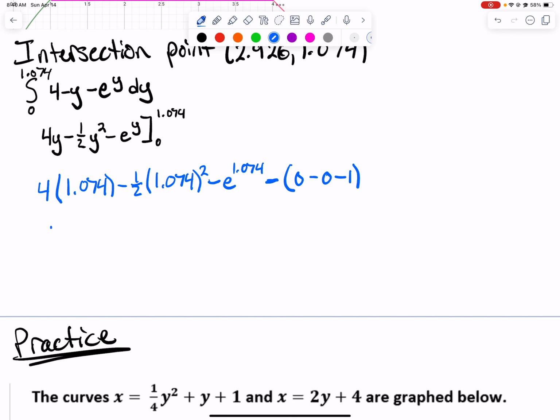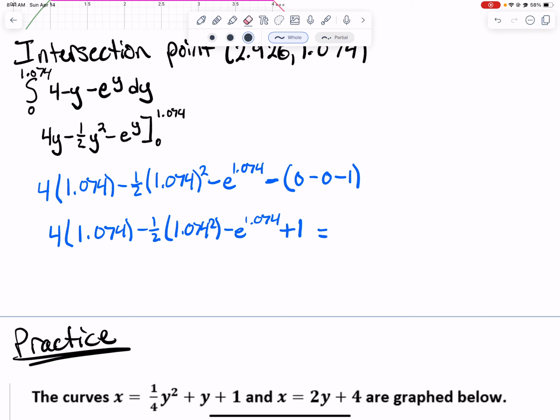So to solve this, or if you want to type it into your calculator, it's going to be 4 times this number here, minus 1/2 times 1.074 squared, minus e to the 1.074, minus a -1, so plus 1.